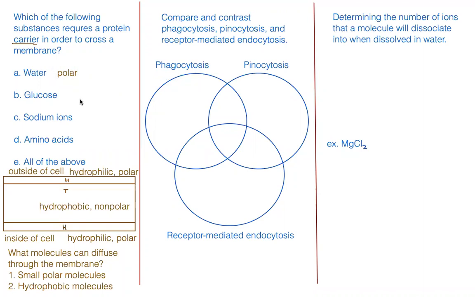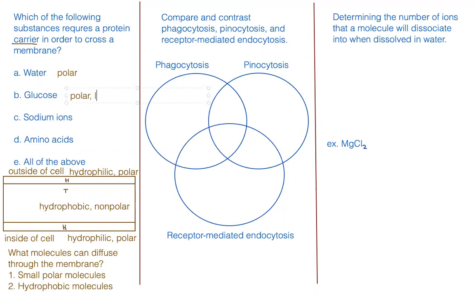But remember that water is very polar, to the point where it doesn't really diffuse through. Next is glucose. As you remember, glucose is a large molecule, and it's also considered polar. A large molecule typically can't just pass through the membrane, remember how tightly packed it is.